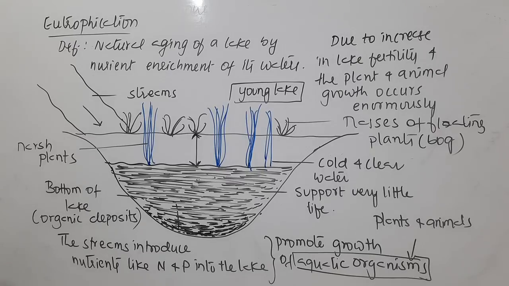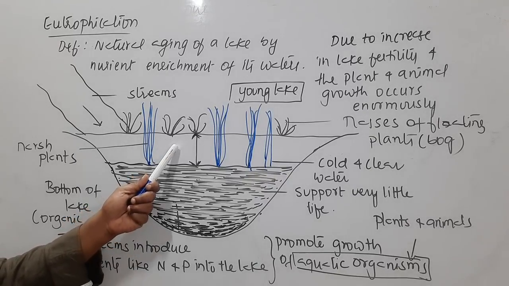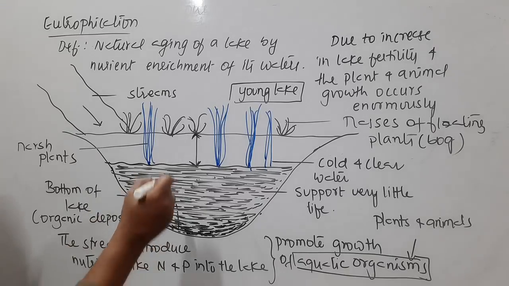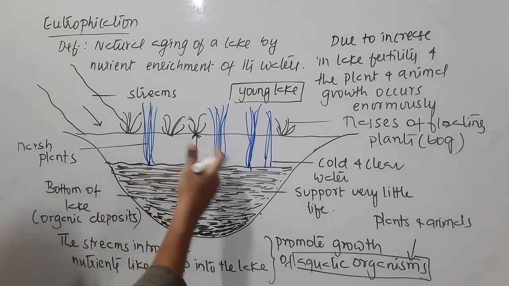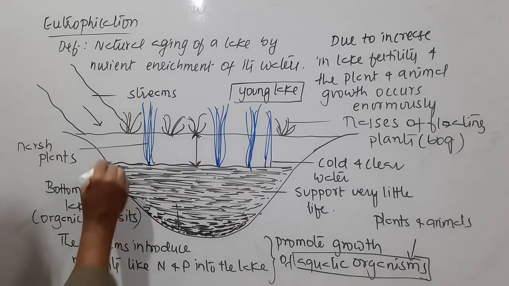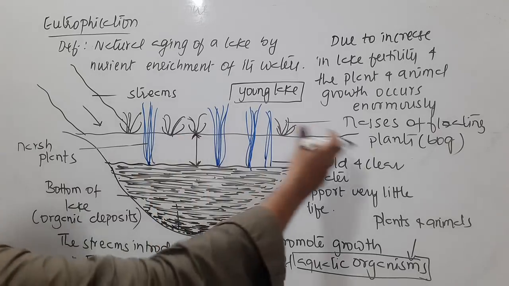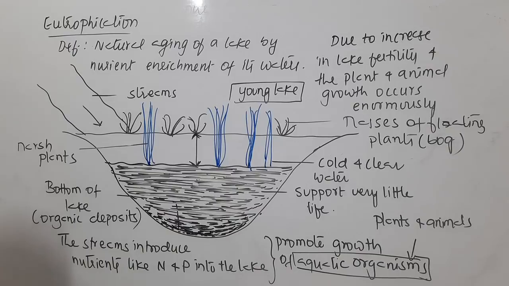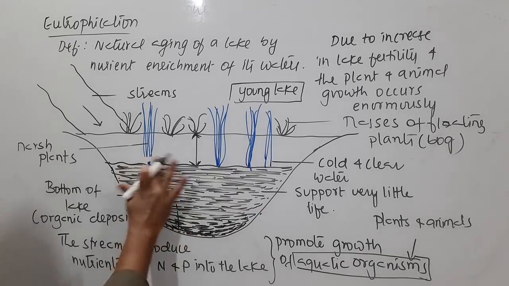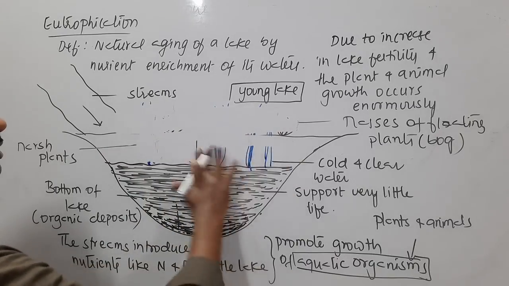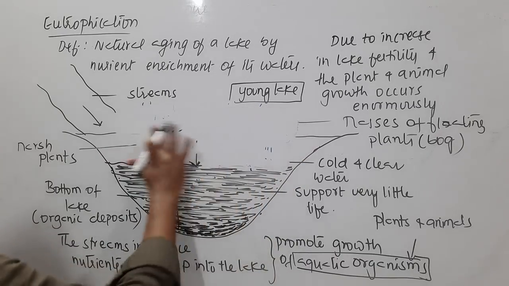Now as the time passes, further the death and deposition will make the pond much shallower and shallower. Finally there will be no water. So this completely eliminates even these floating plants, and then these marshy plants will also disappear completely later, and you will not see anything here, and this all becomes land.